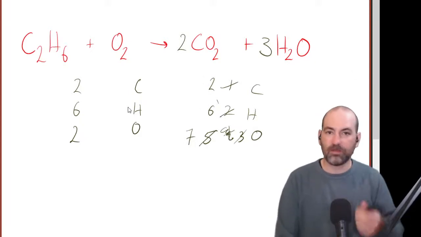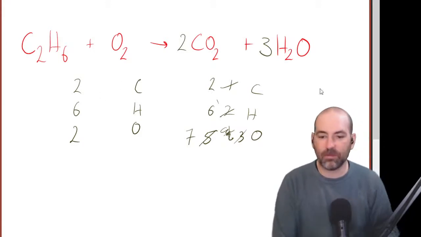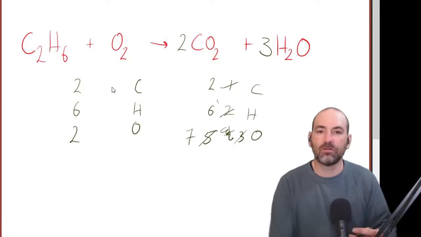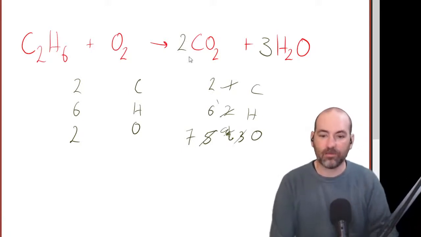And here's where we get into that trouble, where there's no number that we can put here in front of the oxygen to make 7 total oxygen atoms, because we have to always multiply by 2, and you can't get 7 by multiplying by 2. So the solution then is to multiply everything else by 2 so that you turn an odd number into an even number.